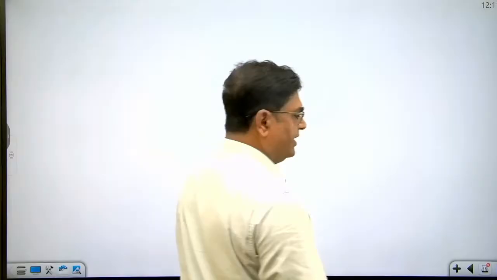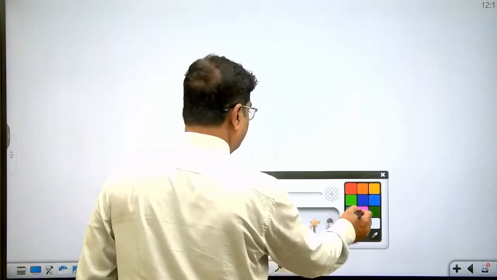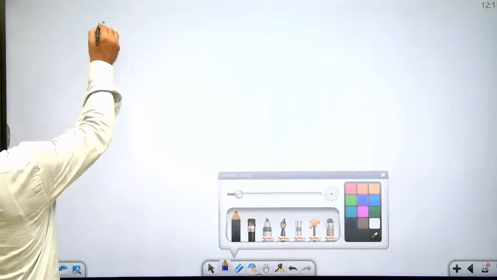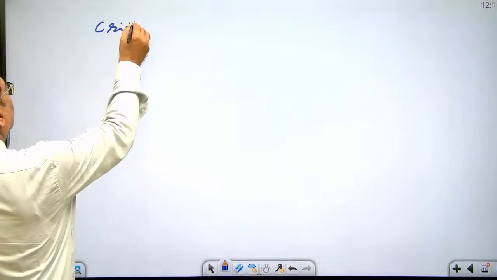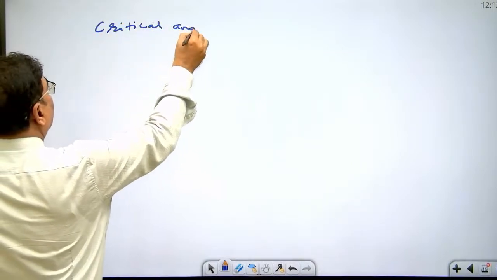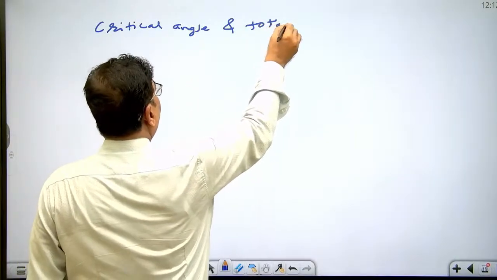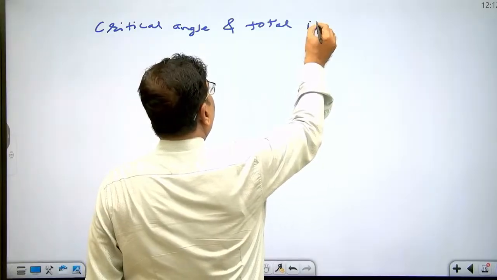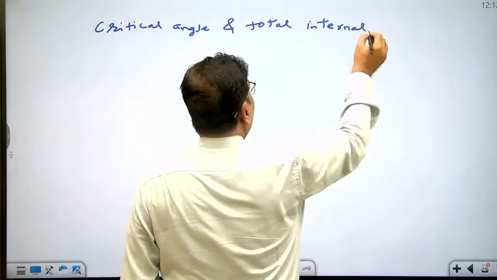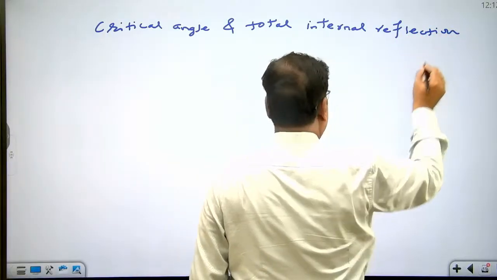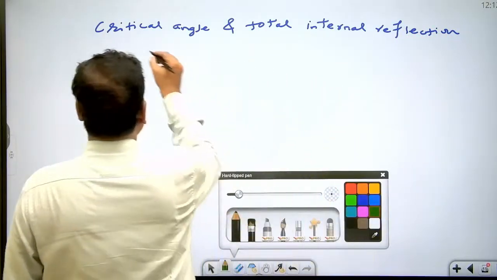Now let's see about the critical angle and total internal reflection of light.